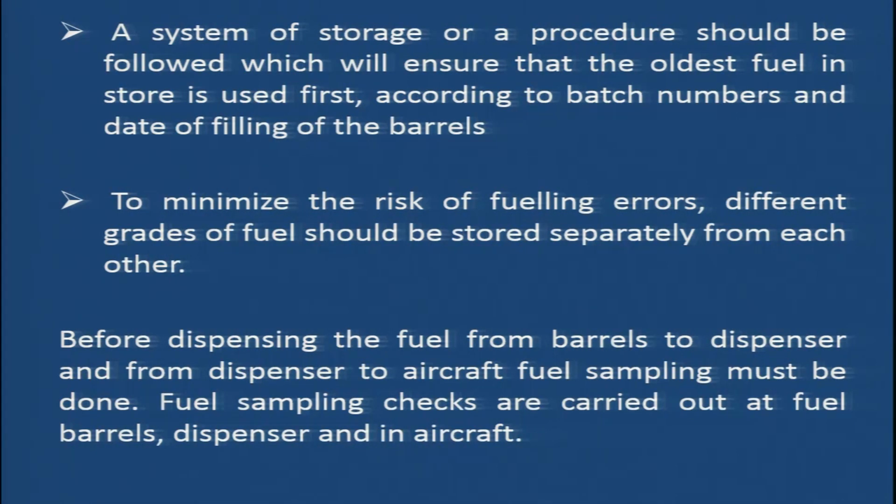A system of storage or a procedure should be followed which will ensure that the oldest fuel in store is used first according to batch numbers and date of filling of the barrels.